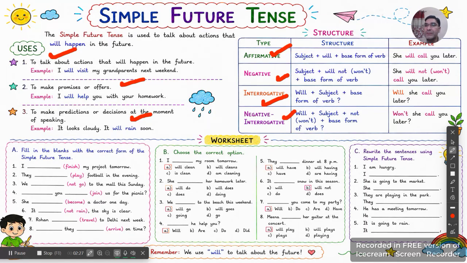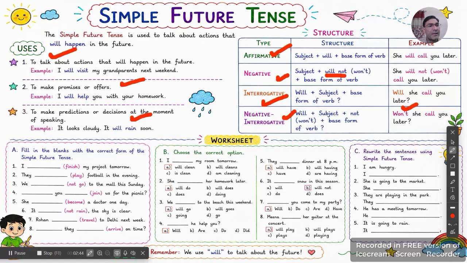Won't is used for informal expressions, rather, will not is used for formal expressions. Right? Now, let us come to the exercise.